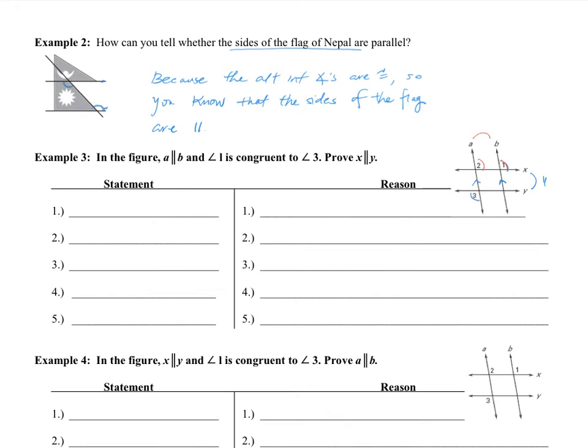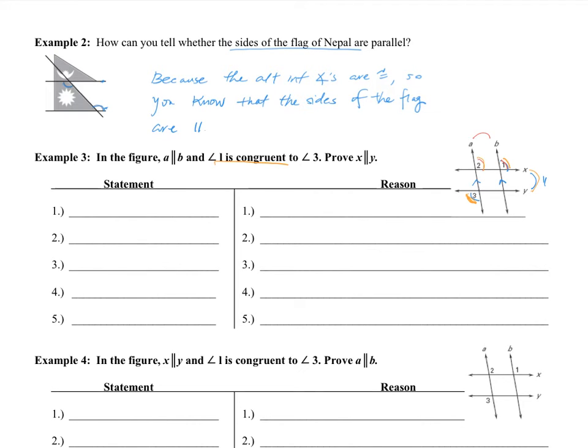And I also know that angle 1 is congruent to angle 3 because it's given. And I could do the transitive property to prove that angle 2 is congruent to angle 3 to prove that x and y are parallel.